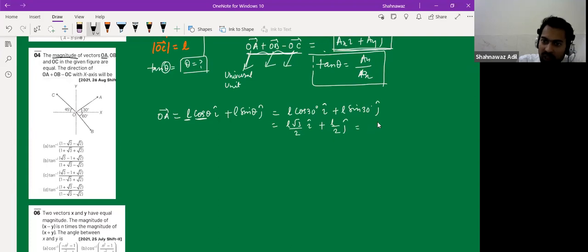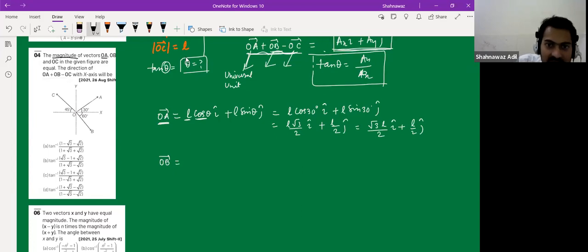So this would be root 3 L by 2 i hat plus L by 2 j hat. This is OA. Now we have to find OB. So OB would be how much? Who's going to tell me?